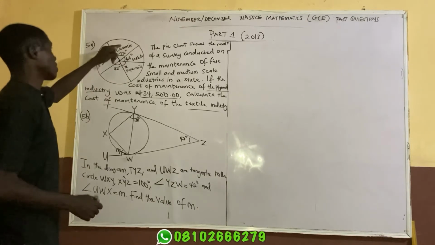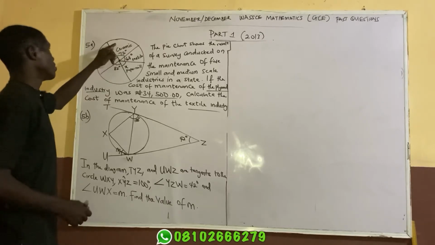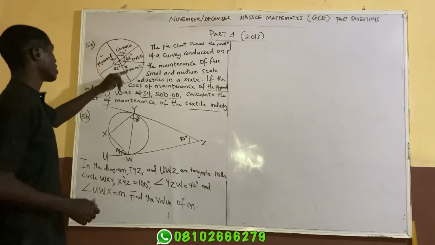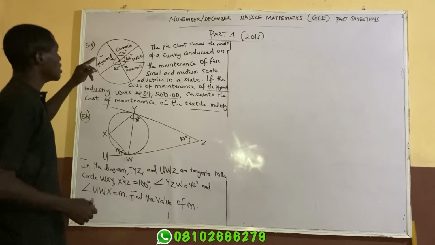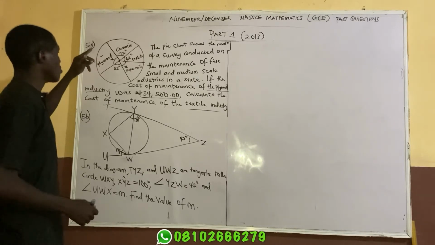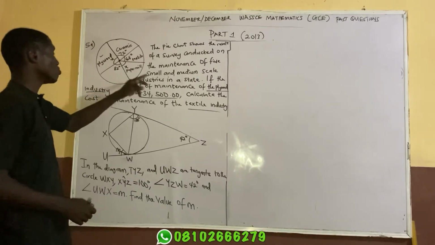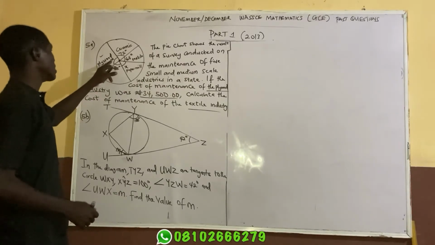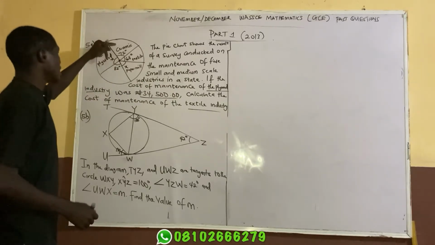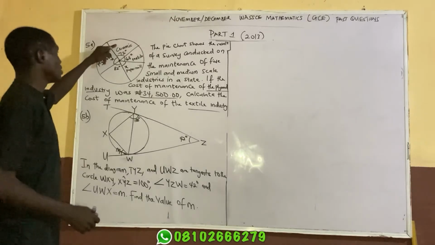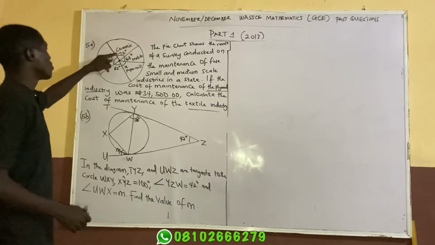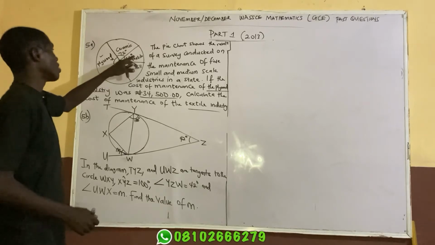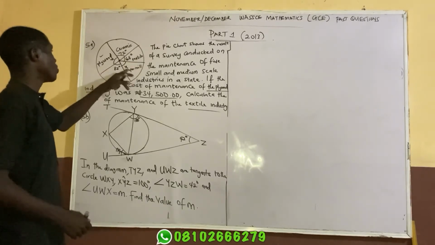Each sectorial portion of the circle is used to represent the survey carried out on the maintenance of small and medium scale industry. We have plywood having a sectorial angle of X, ceramics industry having a sectorial angle of 72, textile having a sectorial angle of 68, and so on and so forth.